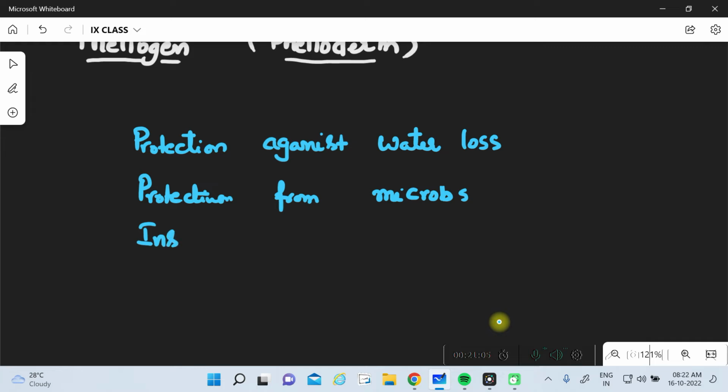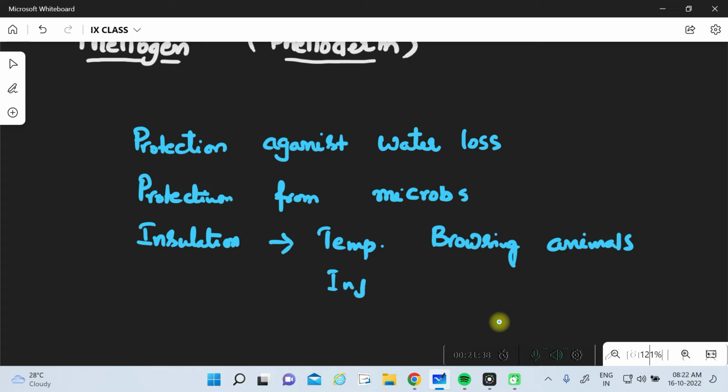It acts as insulation, in the sense that it protects the plant from high temperature, and similarly from browsing or grazing animals. And thirdly, it protects the internal structures from injury. So these are some of the properties which come under insulation.